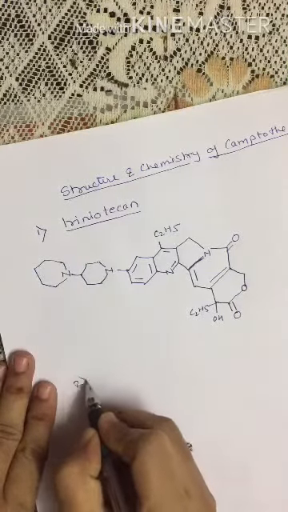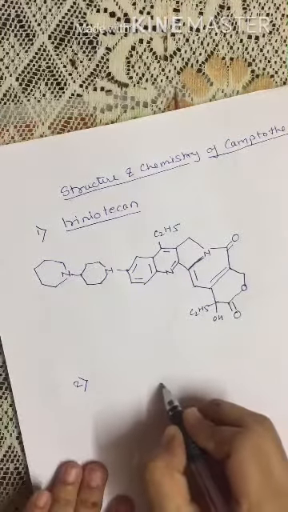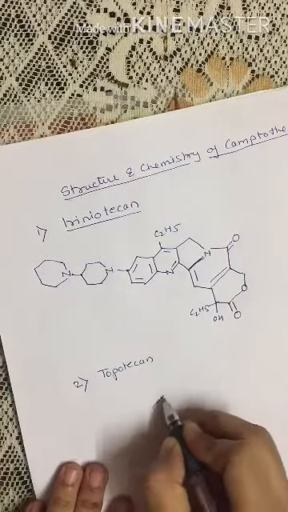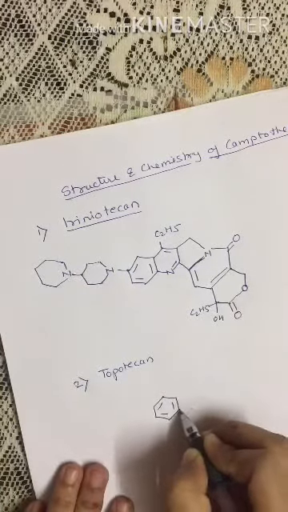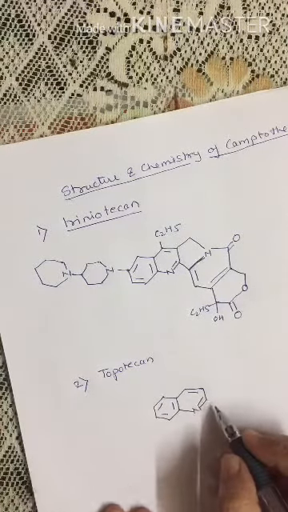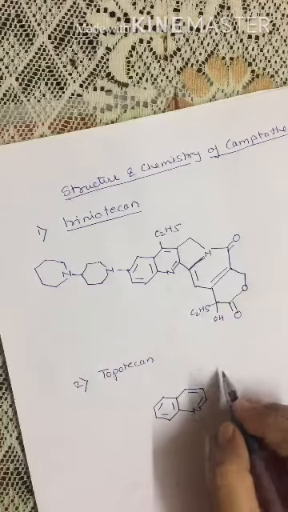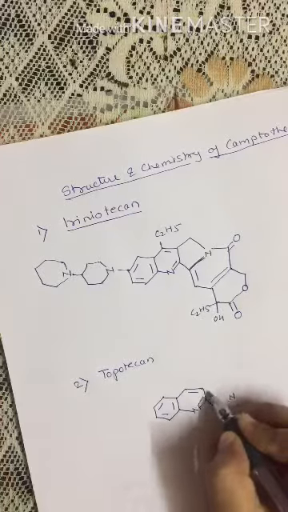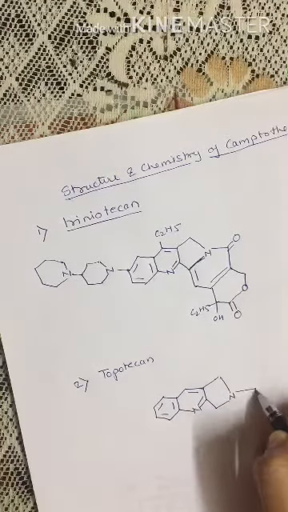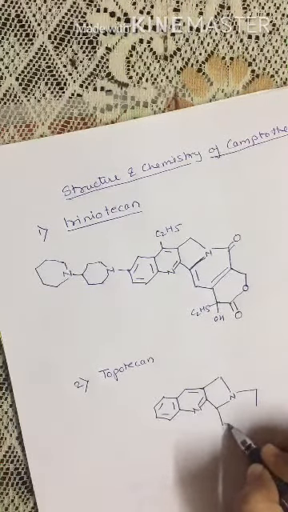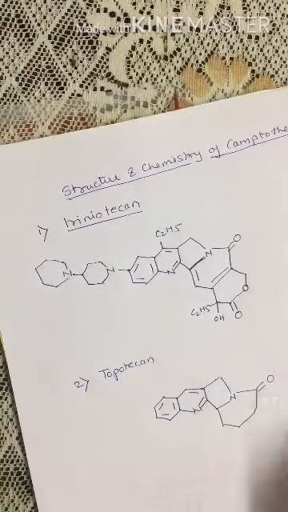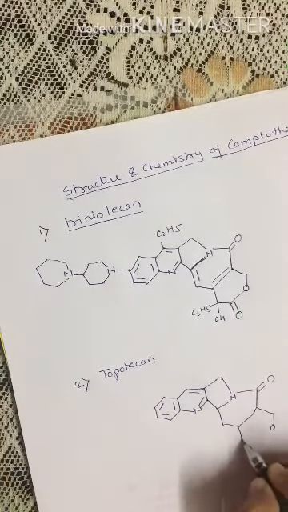Then the structure of topotecan: it also has this quinoline nucleus, which is fused with a tetrahydropyrrole, which is further fused with a pyridine ring, and which is further fused with the pyran ring.